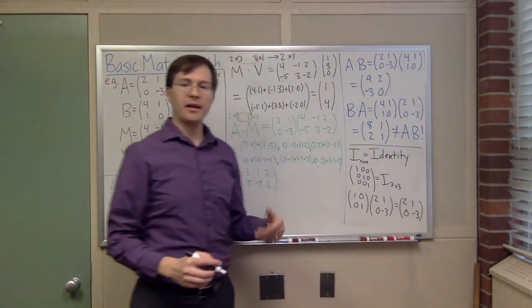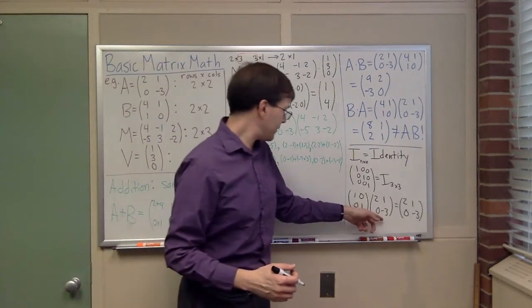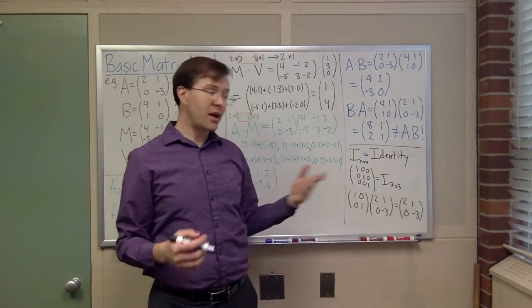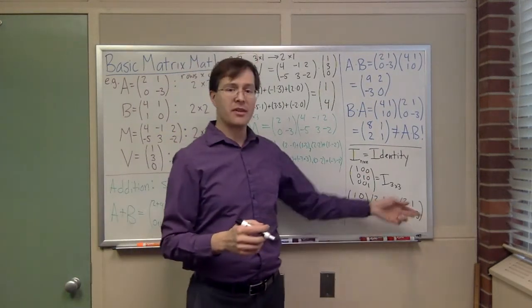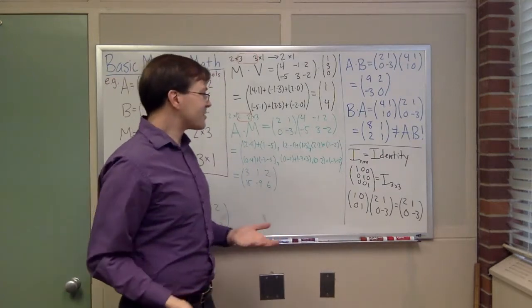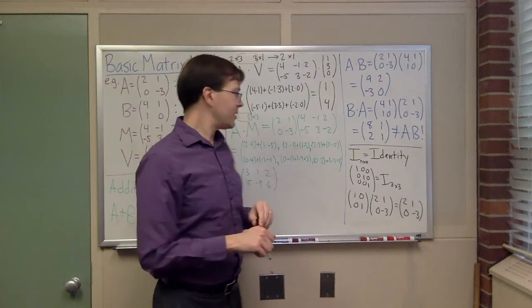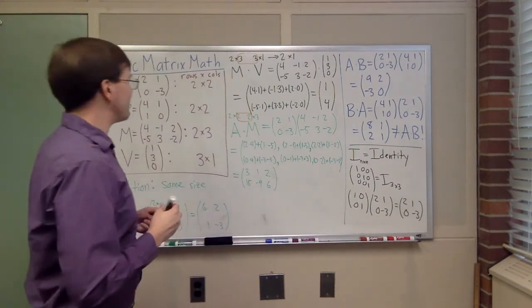It's the same thing. Multiplying by the identity matrix doesn't change your matrix. So on either side, and remember order matters, it doesn't matter for the identity matrix whether you multiply from the right or the left, it's going to give you the same matrix you started with. So that's the equivalent of multiplying by 1 in matrix language. It's the identity matrix. So that's the basics of matrix math.